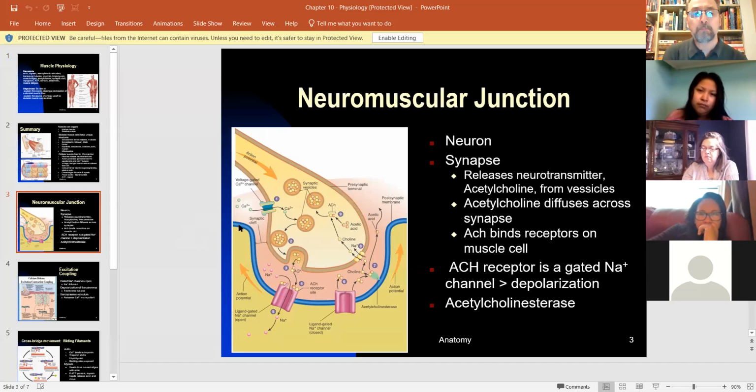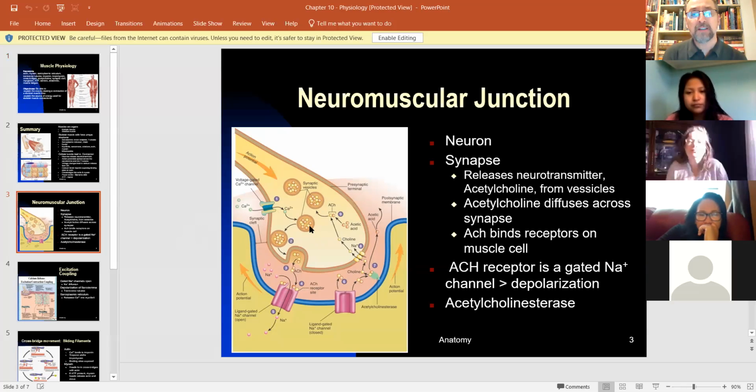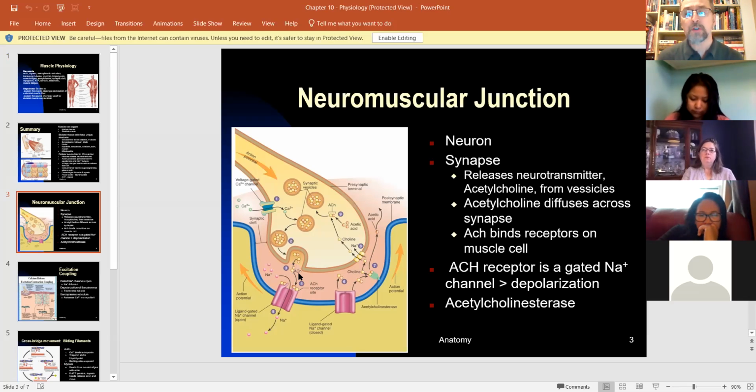And this bottom kind of bluish line here, that's the membrane of the muscle cell, or the sarcolemma. So to stimulate a muscle to contract, a nerve cell releases a chemical called a neurotransmitter, and for all of our nerve cells, this is called acetylcholine, and it's abbreviated ACH.